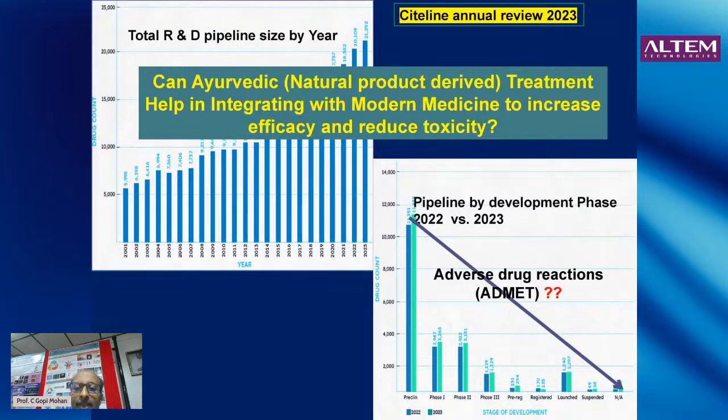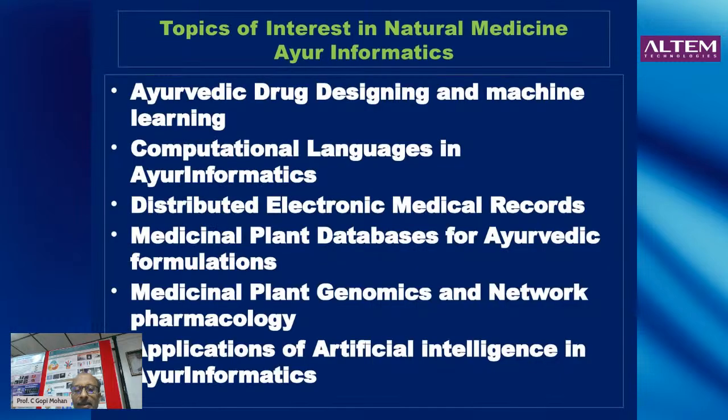So can our big data, especially in natural products, also guide them, and reduce this barrier actually. So this is a model to increase efficacy and reduce toxicity. This is our challenge in modern medicine, as well as natural product derived medicine, how to increase the efficacy as well as reduce toxicity.